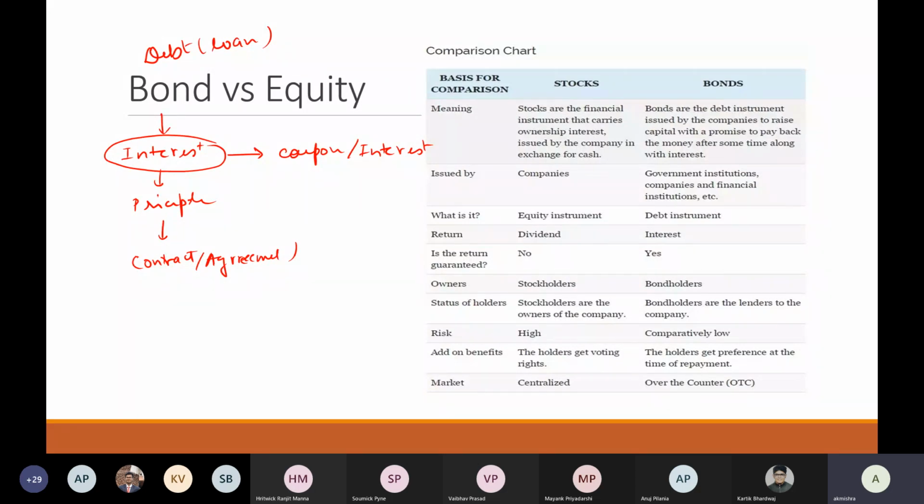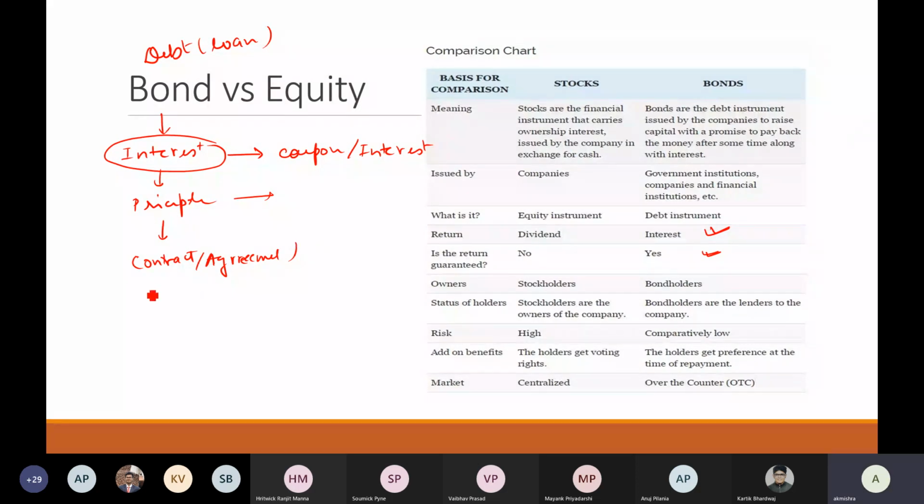Whereas in case of a bond, the company has to pay the coupon or interest on a regular basis, and is also liable to pay the initial principal amount. That's why this interest is a fixed obligation, and there is a guarantee, because this is a debt instrument, meaning the company is liable to pay.